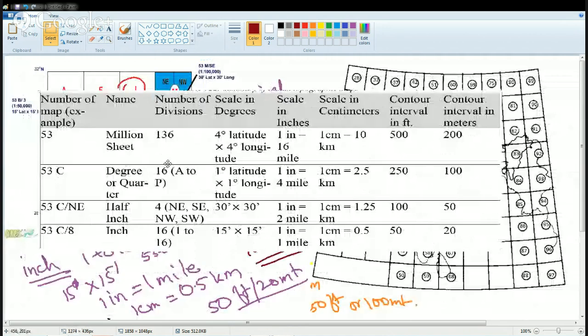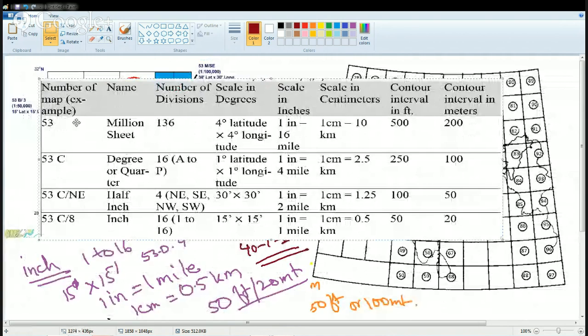In this summary, you can understand how there are various sheet numbers given here, and the corresponding sheet numbers lead to the various details that we have understood in the class.